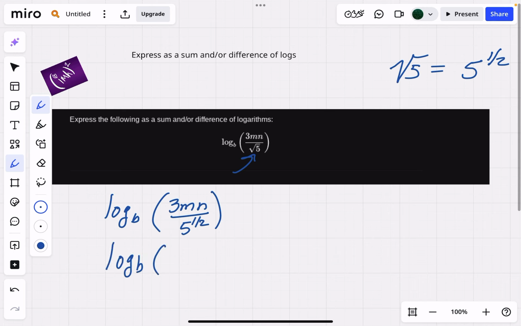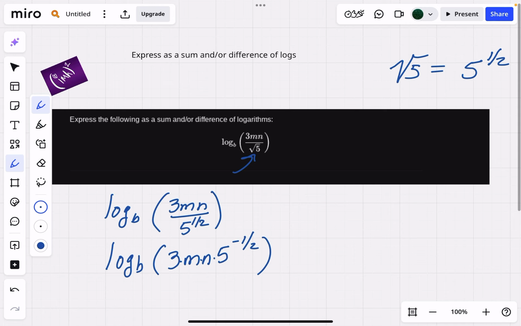So we'll just rewrite that as 3 times m times n to the 5. And when you bring it up to the numerator, hopefully you remember from previous classes or courses, then the exponent is going to change sign. Now, this is a little bit better for us because what do we have? We have all products here. If they're all products, then they are going to change into all sums.